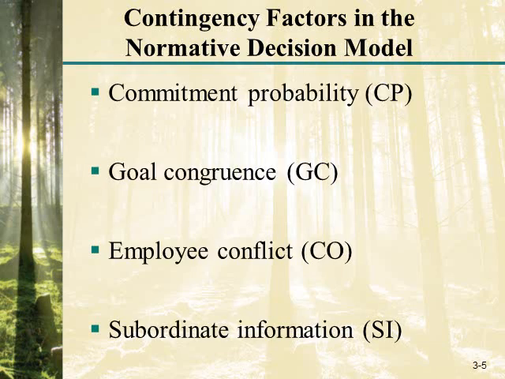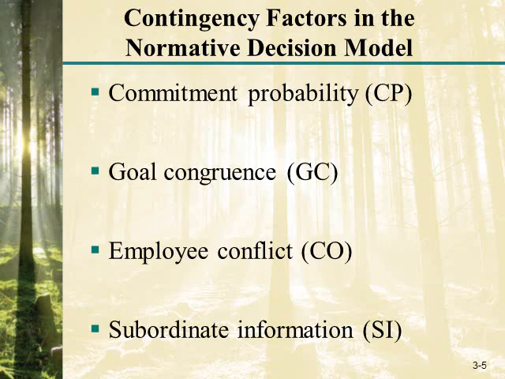The commitment probability: how likely is the employee commitment to the solution if the leader makes the decision alone? So in case I make the decision alone without referring to the employees, will they be committed to the solution?